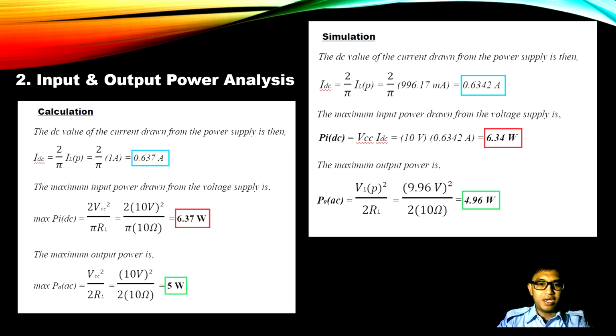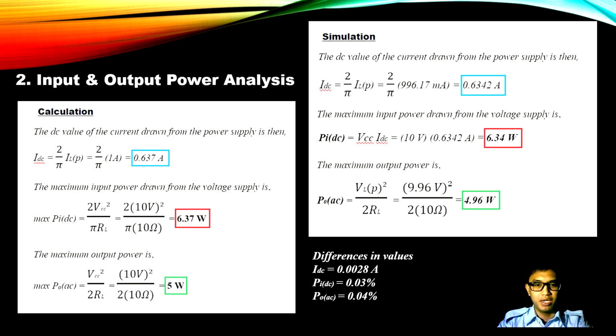For the DC current, the difference is only about 0.0028 ampere. For the maximum input power, the difference is only 0.03%, and for the maximum output power, the difference is only 0.04%. These differences are due to energy losses at the resistor and the transistor that we cannot ignore when we run the simulation with real hardware.